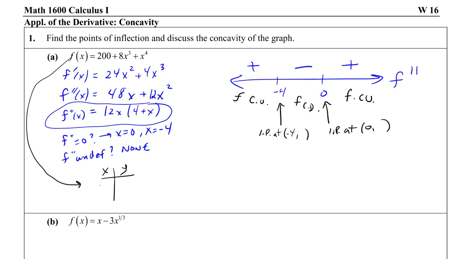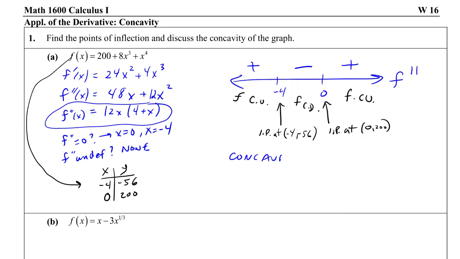So if I plug in -4 into that, run that through, and you should get -56. If I plug in 0, that's easy. That's just the 200 there. So -4, -56, and 0, 200.